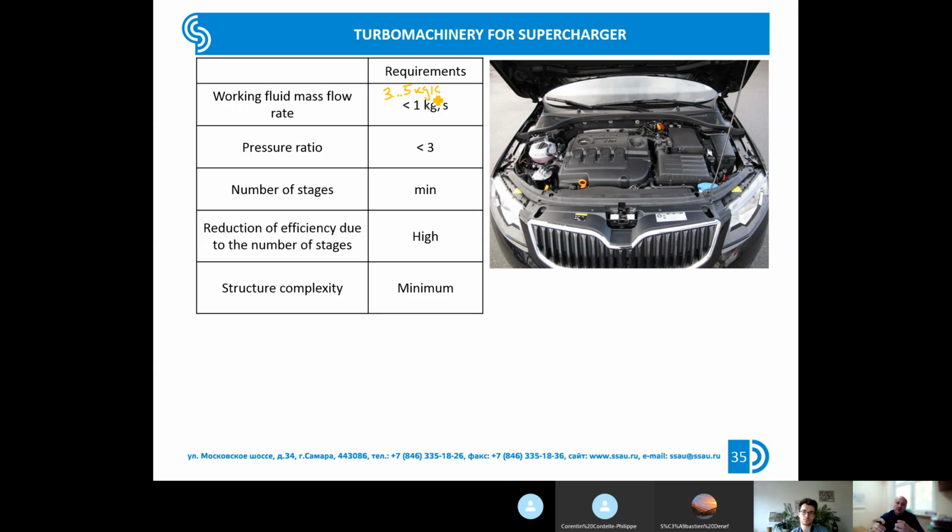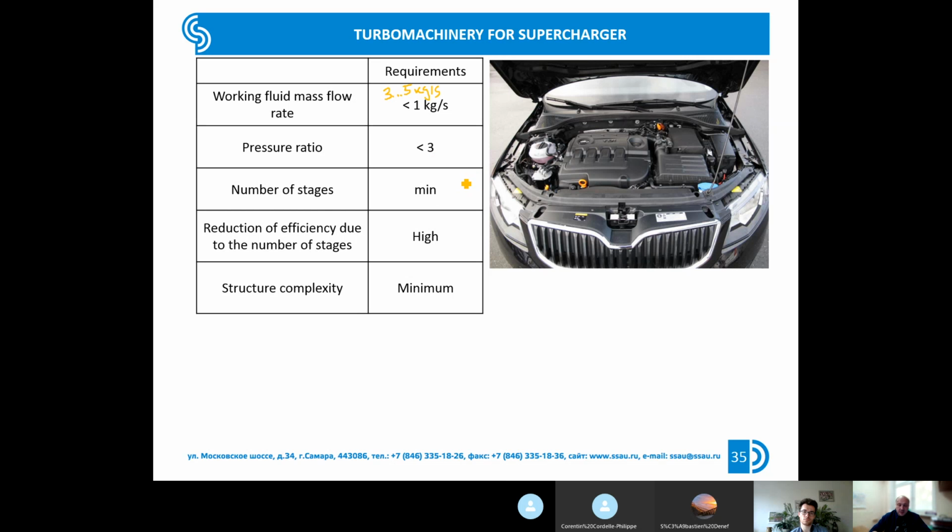In other words, I think you imagine that a train has a powerful engine, with more power than a typical car, and has a mass flow rate of 3-5 kilograms per second. Typically the pressure ratio is lower than 3, because if you increase the pressure ratio, it means you need to decrease the pressure ratio at the piston part, and it will finally lead to a problem with the combustion of the fuel.